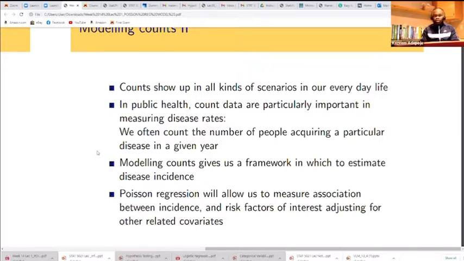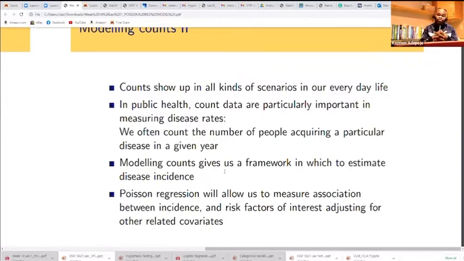Now, modeling can give us a framework in which to estimate disease incidence. Right now we're in the middle of a pandemic, and the effort of every country is to ascertain the true value of the incidence, the disease rate, and therefore the most appropriate regression model that will allow us to measure association between incidence rate and risk factors of interest, after adjusting for other related factors.